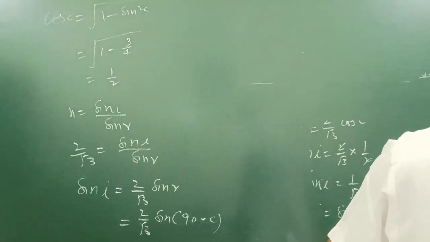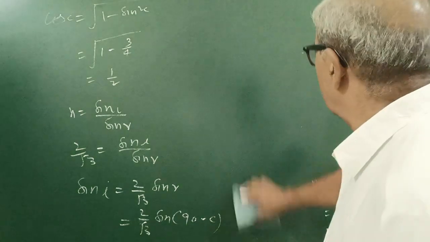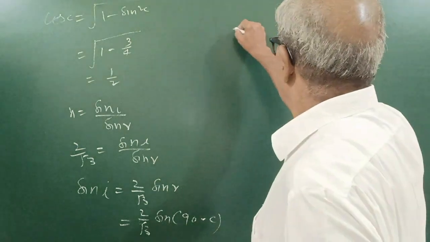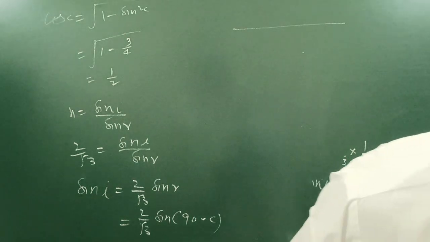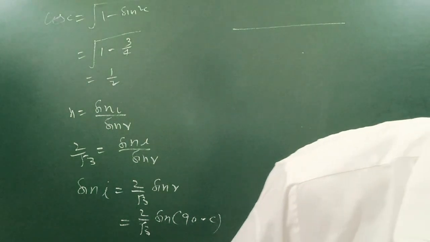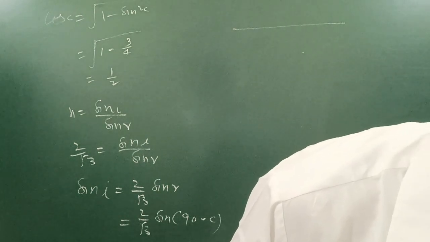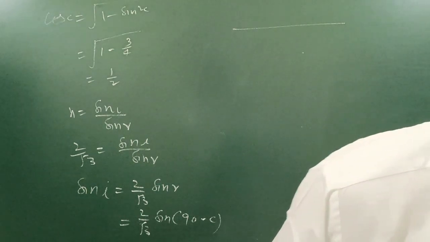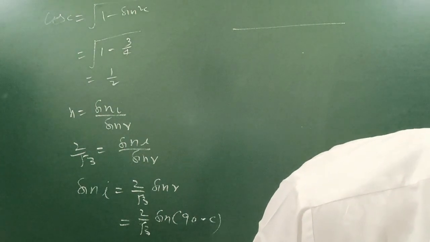This has been asked in AIEEE 2009. Now there is one more question here. Suppose they are saying here, a ray of light traveling in water is incident on its surface open to air. The angle of incidence is theta, which is less than the critical angle.